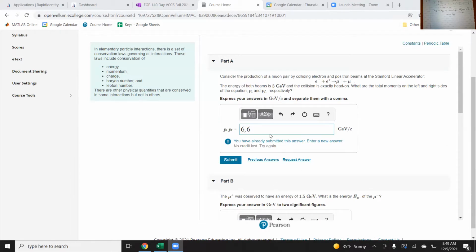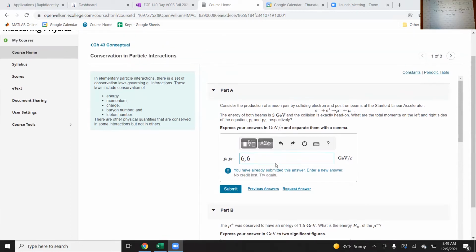That said p initial and p final. I thought it asked for the initial of each of those. The energy of both beams is 3 GeV, and the collision is exactly head on. What are the total momenta of the left and right sides of the equation? Oh, okay. So it still wants 6 and 6 would be 12 here. And that's got to be 12 on this side as well. So it should be 12 and 12.